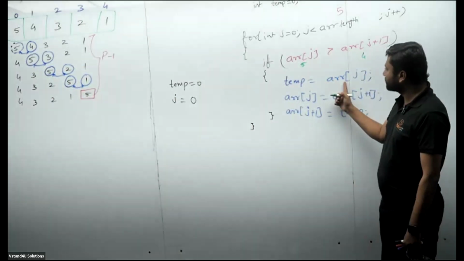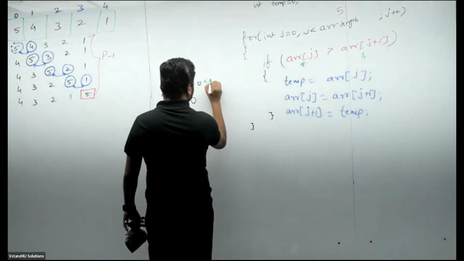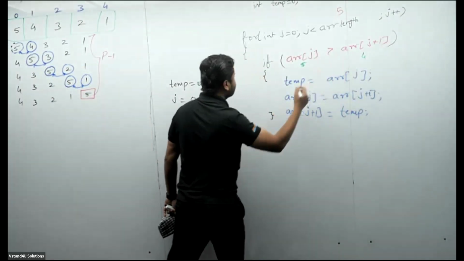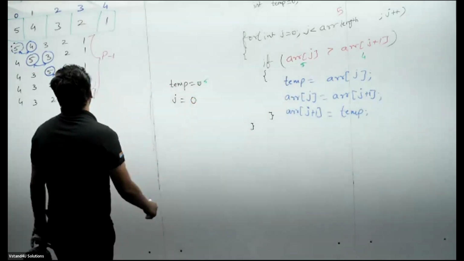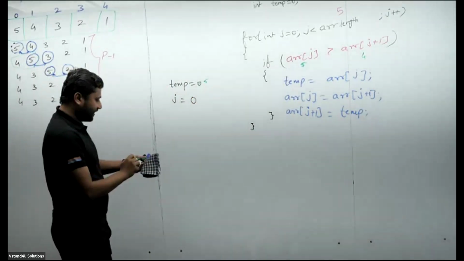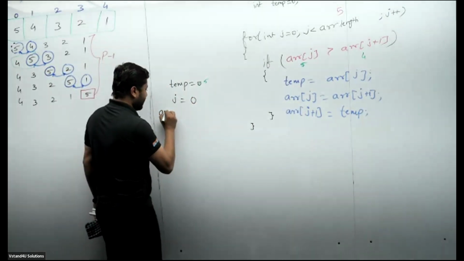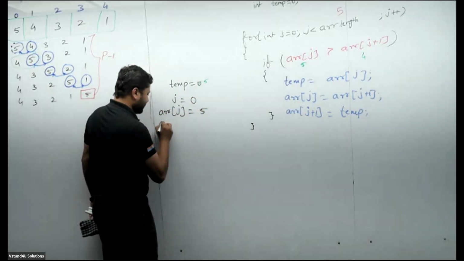Get in. Take this value of ARR of J, keep it in temp. So temp becomes 5. Then in ARR of J, keep the next value, ARR of J plus 1, that is 4. Wait a minute. ARR of J, initially it was 5, am I right?